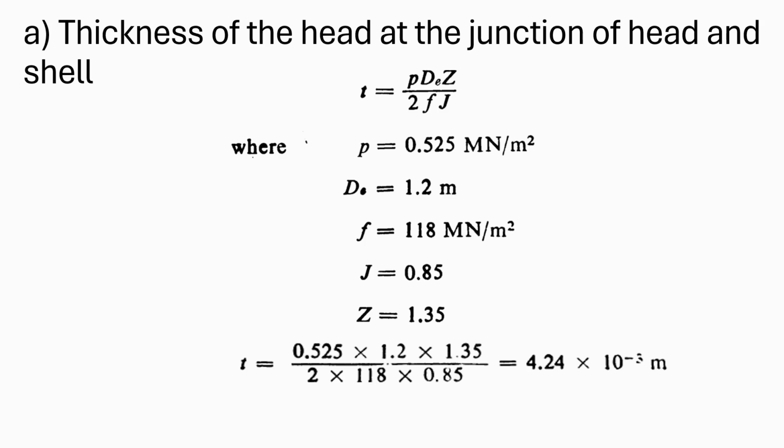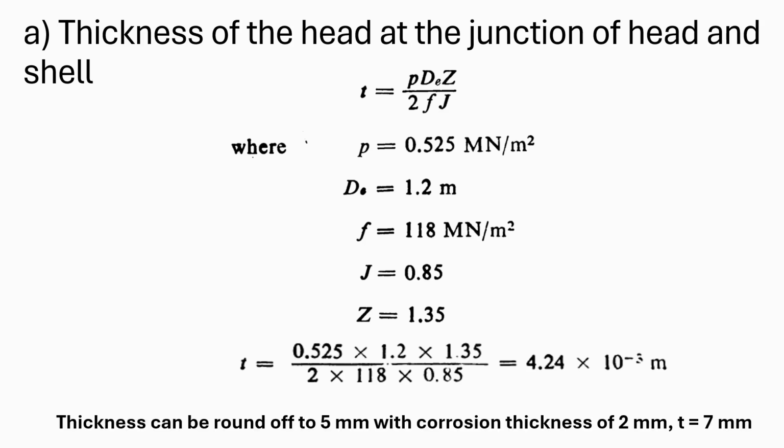DE is equivalent diameter of 1.2 meter and internal pressure of 525 kilonewton or 0.525 meganewton. Substituting these values, the thickness of the conical vessel at the junction of head and the shell is given by 4.2 mm. The thickness can be rounded off to 5 mm and the corrosion allowance of 2 mm can be added so that the thickness becomes 7 mm.